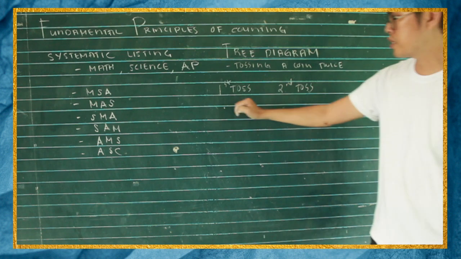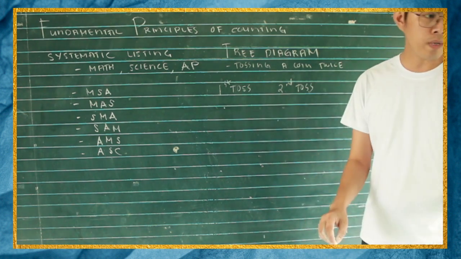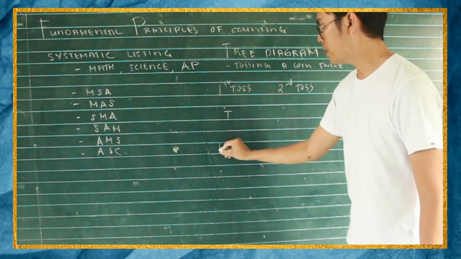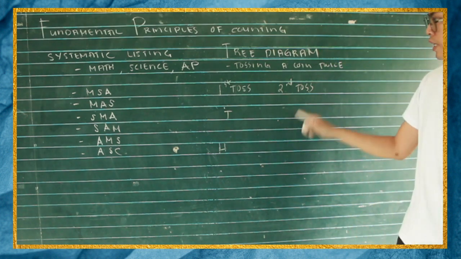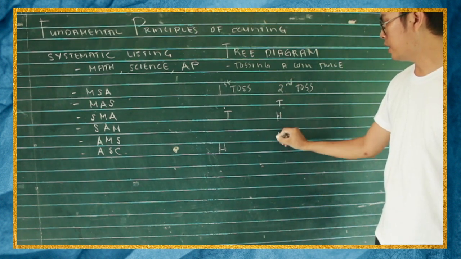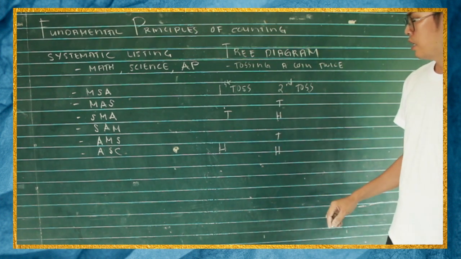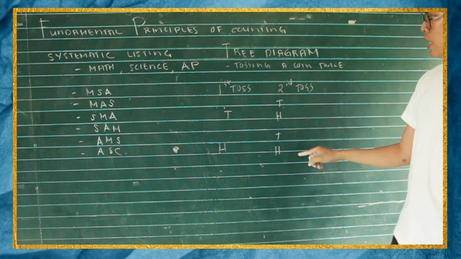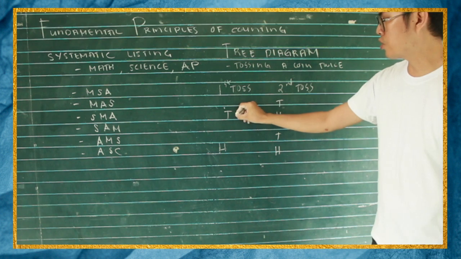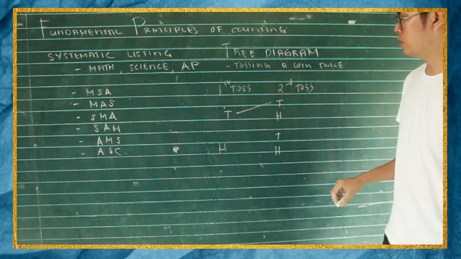Tossing a coin twice. In the first toss, there are two possible outcomes. It can be tail and it can be head. In the second toss, it can be tail, it can be head, it can be tail, it can be head. So these are the possible outcomes. It can be tail in the first toss, tail in the second toss.